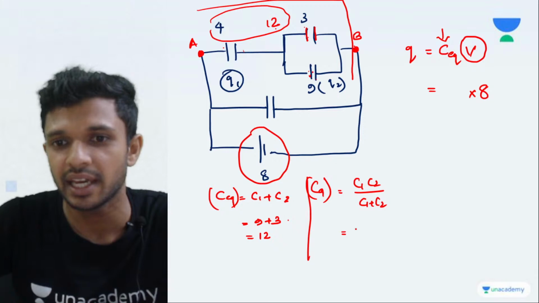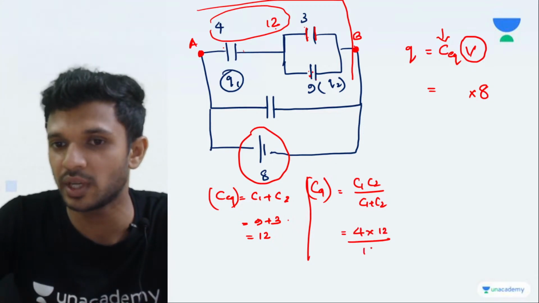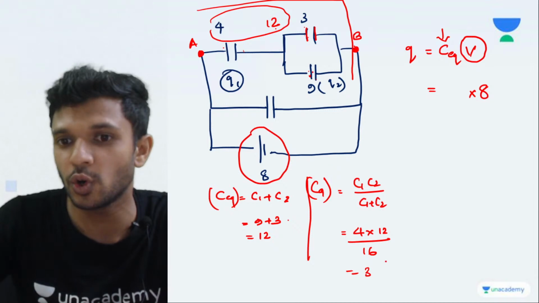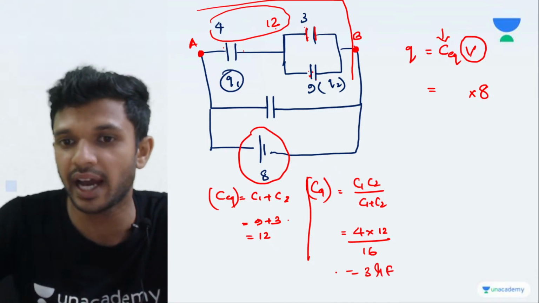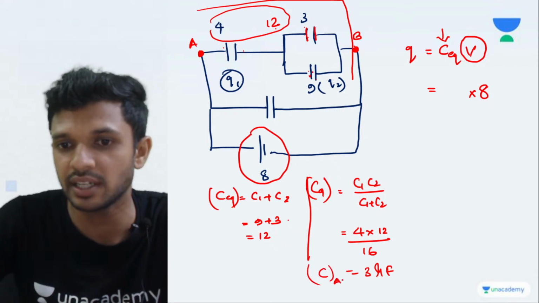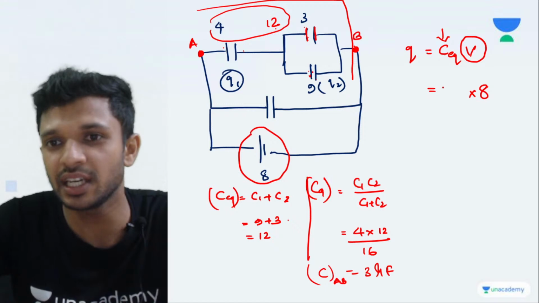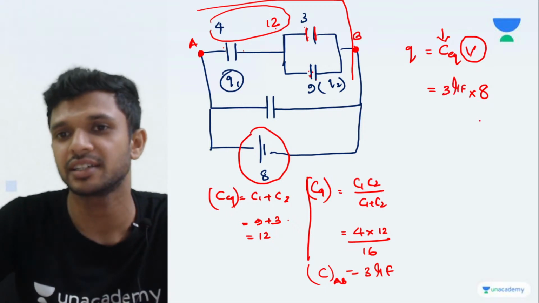What is C1? It's 4. C2 is 12. C1 plus C2 is 4 plus 12, 16. How much will this be? 4 and 16, 4, 12 by 4, this is 3. So the total capacitance is 3 microfarad between the points A and B. So C AB, understood? So C equivalent, I'm going to write it as 3 microfarad.